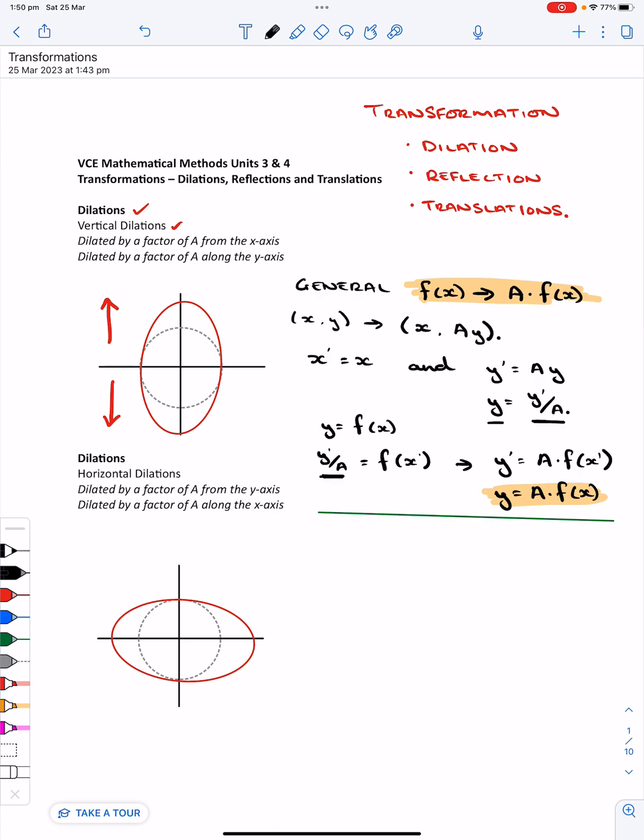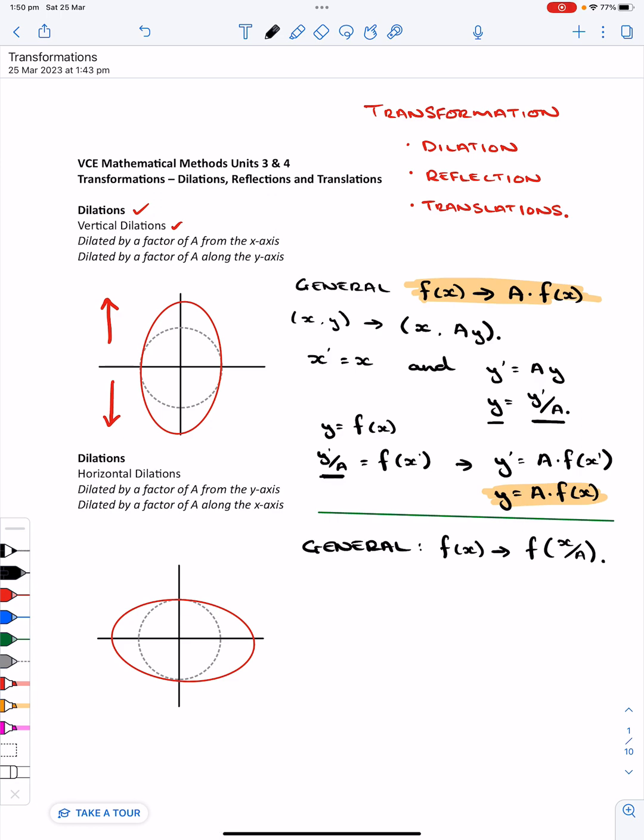But our general form for this type of transformation is written as our original function f(x) becomes f(x on a).